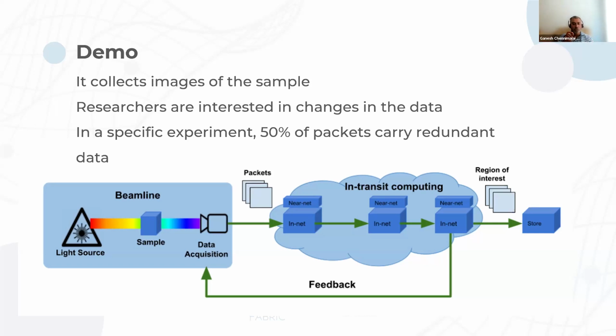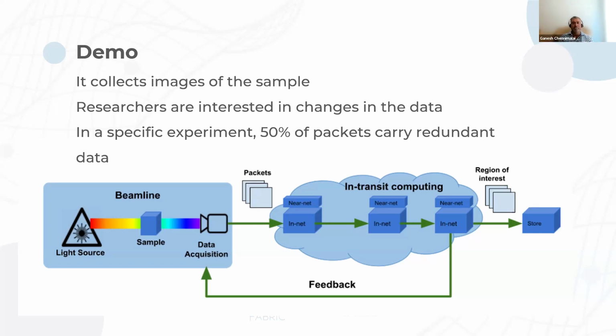But the use case that we are looking at is closely tied to maneuvering the data acquisition part, or the camera in loose terms. We can spatially zoom into a particular place and look at a portion of the sample which is of interest to the researchers, rather than generating data that is largely redundant. We are interested in getting the information that is required for the researchers, so we are trying to do this in real time and within the network.